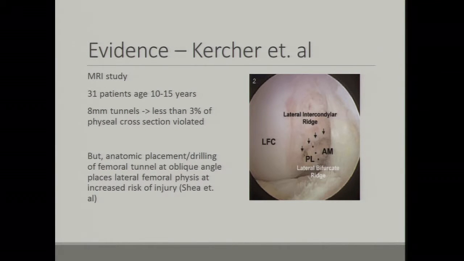The problem with that is we're often not drilling straight across the growth plate, and especially with the recent emphasis on anatomic ACL reconstruction, we're often drilling obliquely across the growth plate. If you think of it from the perspective of a centimeter drill bit on your table, if you drill straight into the table, you have a 10 millimeter hole, right?